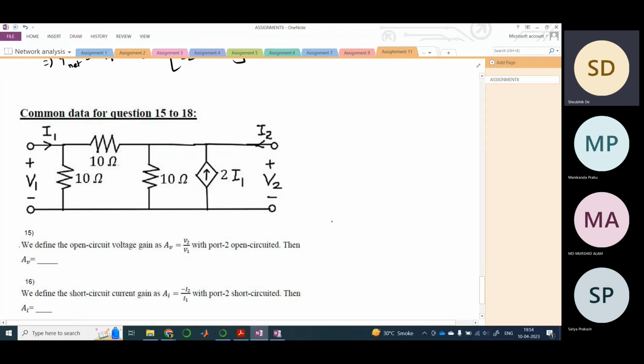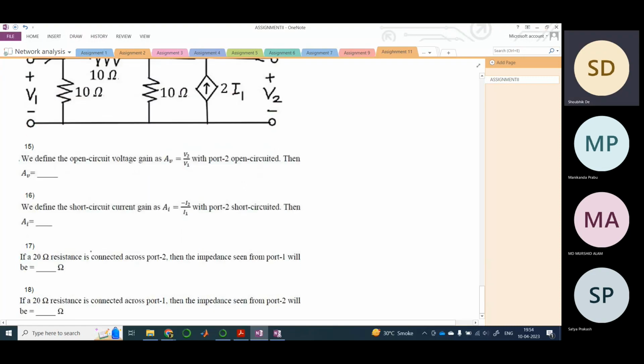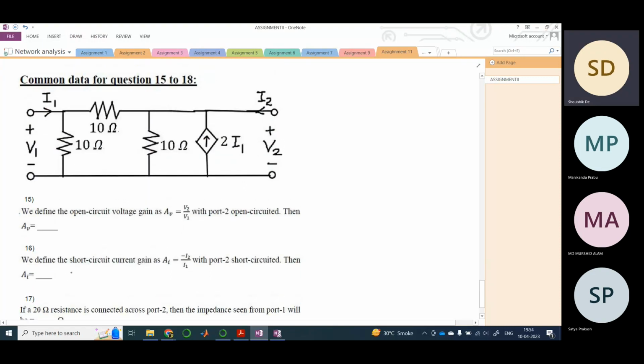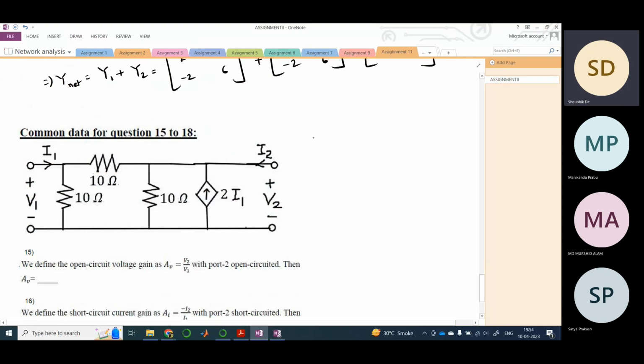I'll apply KCL directly for each of the four questions that we have been given. In a way, that would be a revision for you as well. So what I'm trying to say is that here you can directly solve it like this. V1 equals Z11 I1 plus Z12 I2.